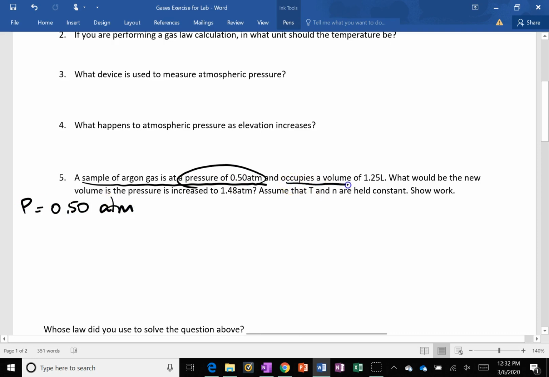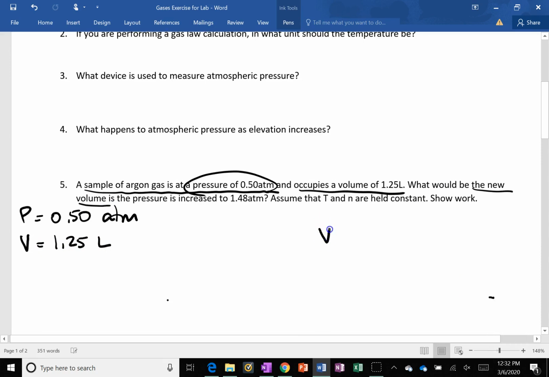And it says that it occupies a volume, so V is equal to 1.25 liters. And it's asking us to find, well, what would be the new volume, if the pressure is increased to 1.48? So a new pressure is 1.48 atmospheres.